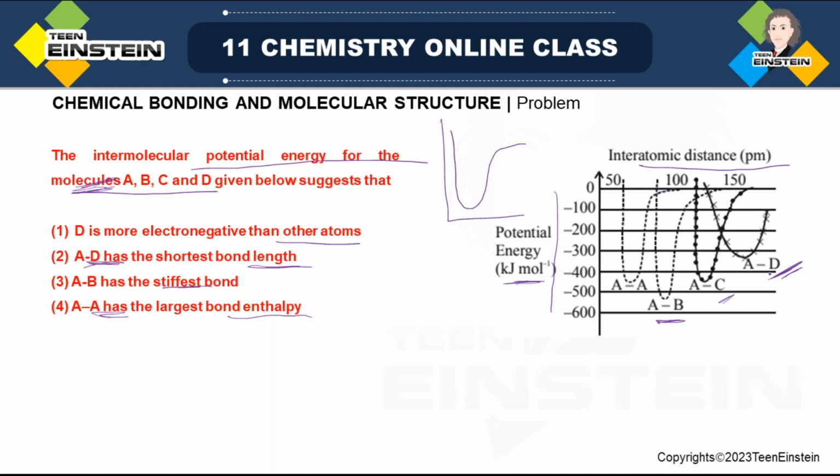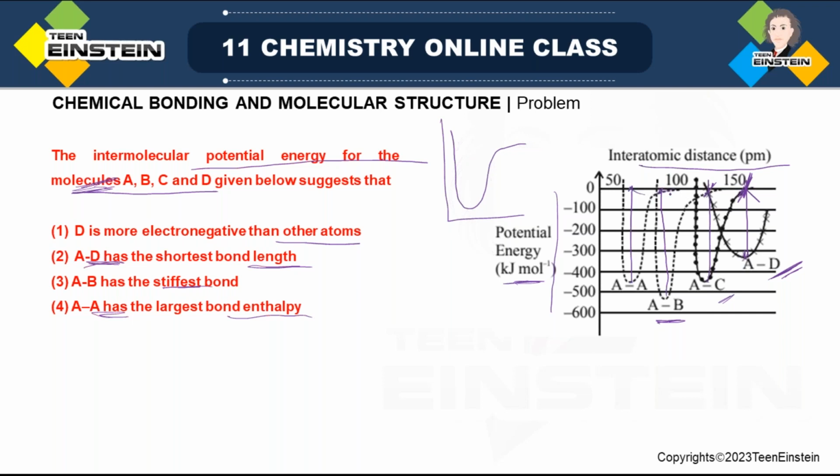Come to the other statement: AD has the shortest bond length. Now you can easily understand this from the picture. This is the minimum energy point. If you draw a line here, it is crossing at the point 150. For AC, it is crossing somewhere between 100 and 150. For AB, it is slightly less than 100. For AA, it is slightly greater than 50.